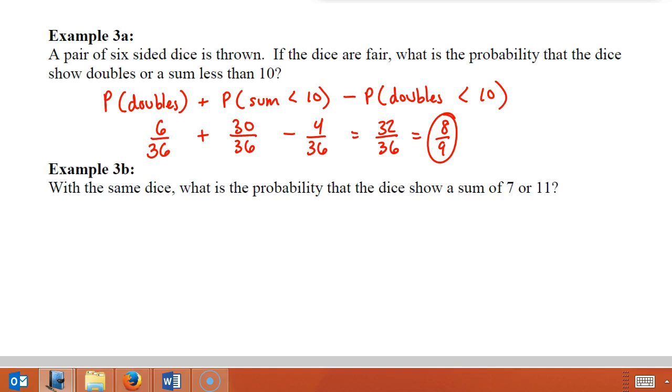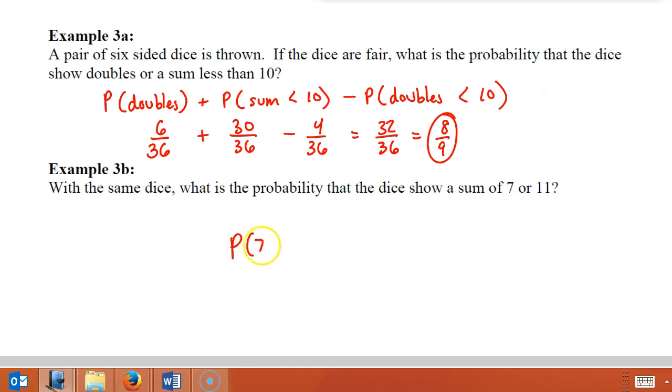Now let's look at the next one. With the same dice, what is the probability that the dice shown is a sum of 7 or 11? So again, for all of these situations, we need to ask ourselves, is there any overlap? If there's not overlap, they're mutually exclusive, so we just add up the probabilities. If there's overlap, we have to subtract the overlap. So with this one, you should recognize that there is no overlap. So we're just going to add these two probabilities together.